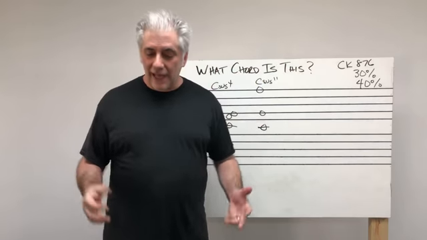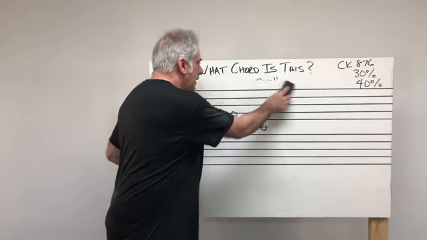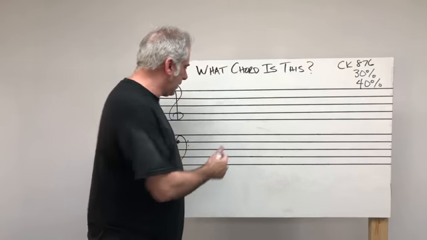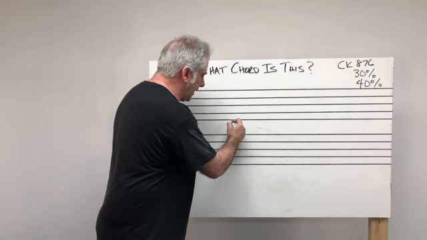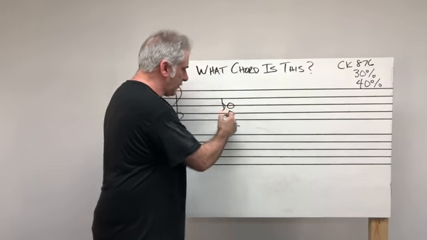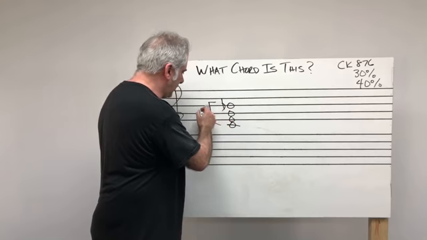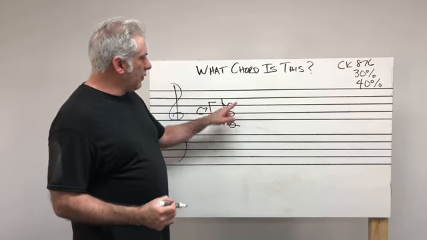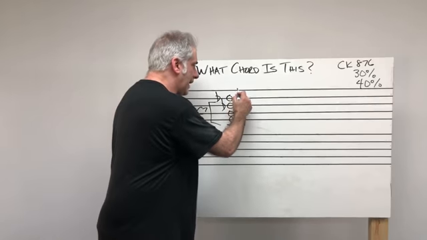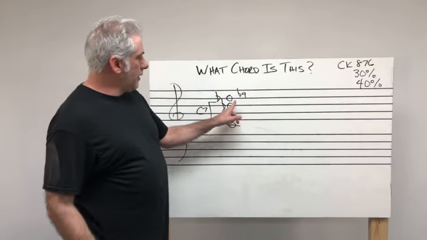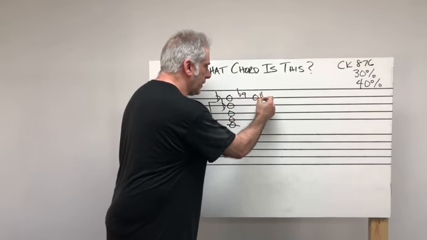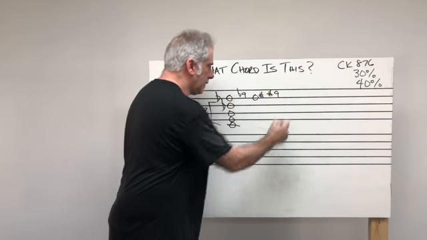Sharp nines and flat nines work the same way. If you have a C7 flat nine, I'll do it just in one octave. C, E, G, B flat. There's your C7 chord right here. And if I go up and put a D flat here, that becomes the flat nine. If I put a D sharp, D sharp in this chord would be the sharp nine.